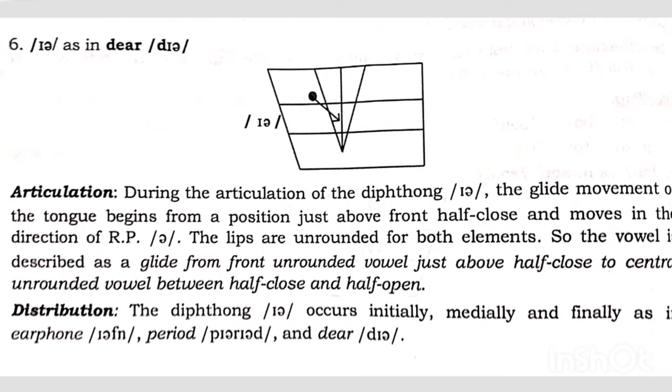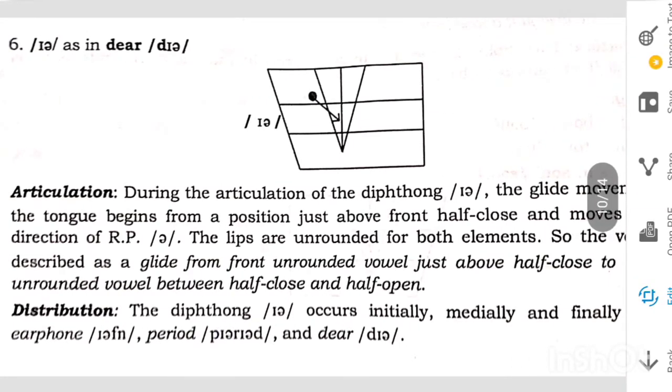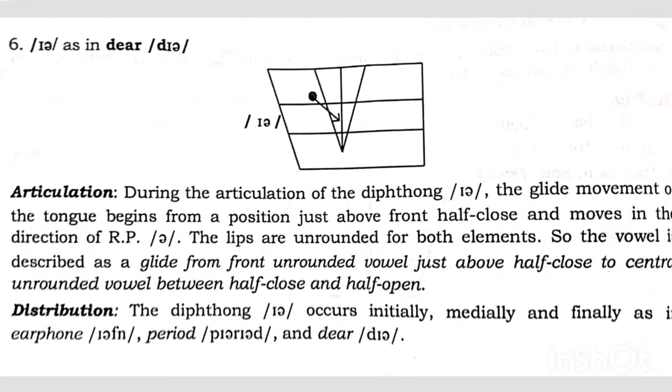Distribution: the diphthong ear occurs initially, medially, and finally, as in earphone at the beginning, period, which has this glide in two positions, and dear, where it occurs finally.